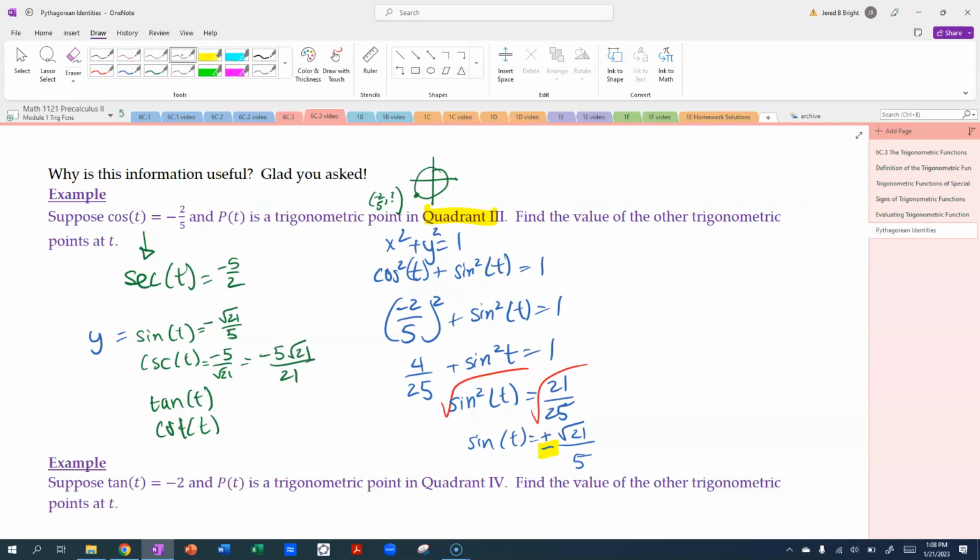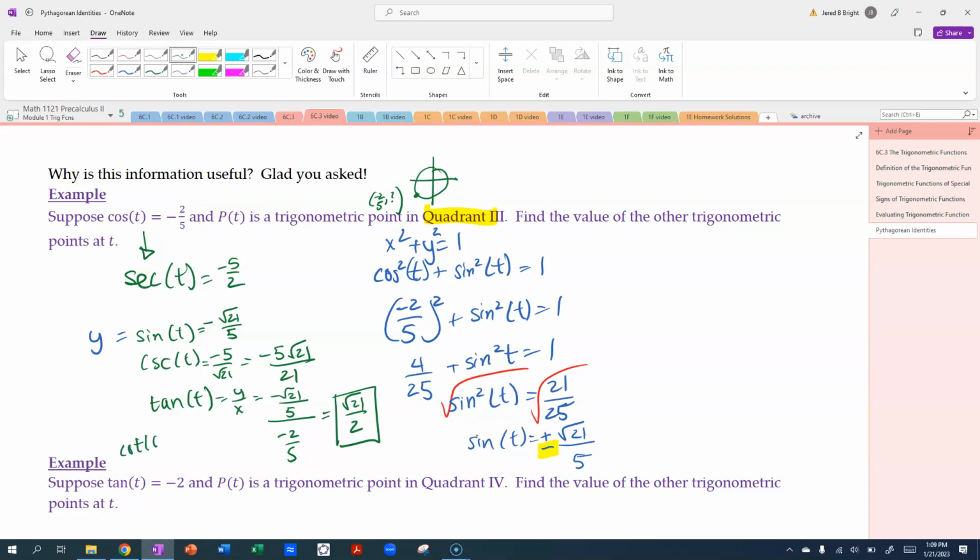And then tangent would be y over x. So this is negative square root 21/5 divided by -2/5. And when I simplify this, I get square root of 21/2. Okay, positive, negative divided by negative. And then similarly, cotangent would be the reciprocal.